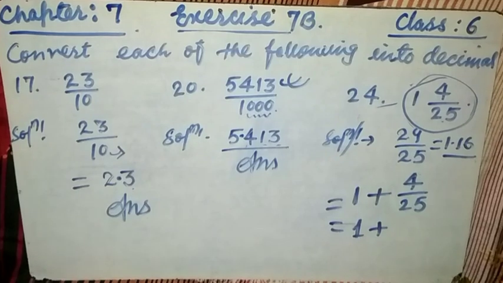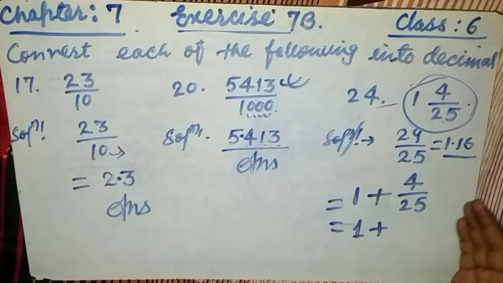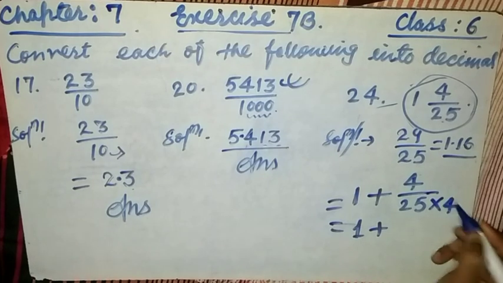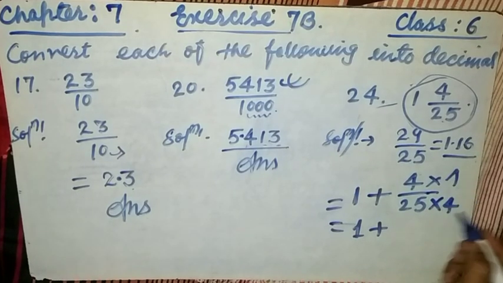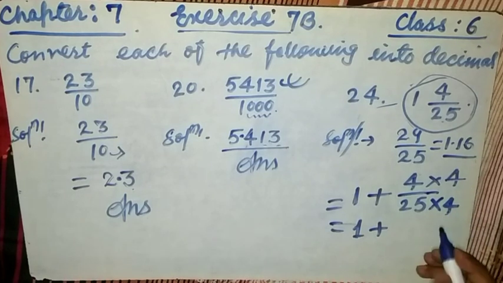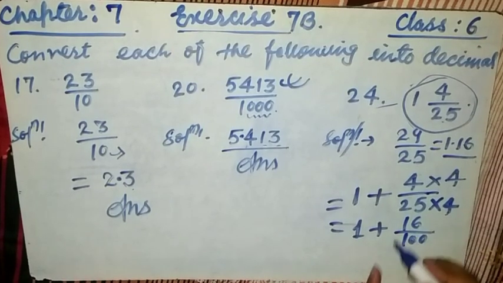Friends, if you make the denominator 10, 100, 1000, then it's very easy to find out. If you multiply 4 in the numerator and also the denominator, then we will get 16 divided by 100.